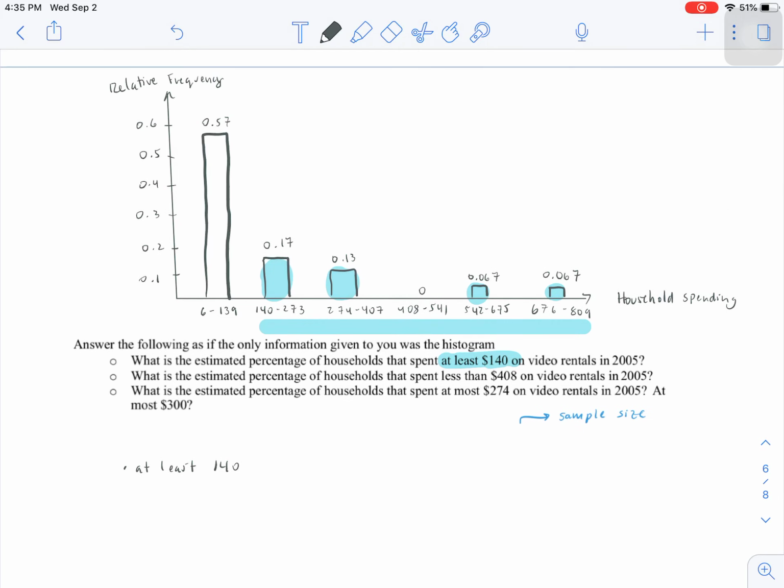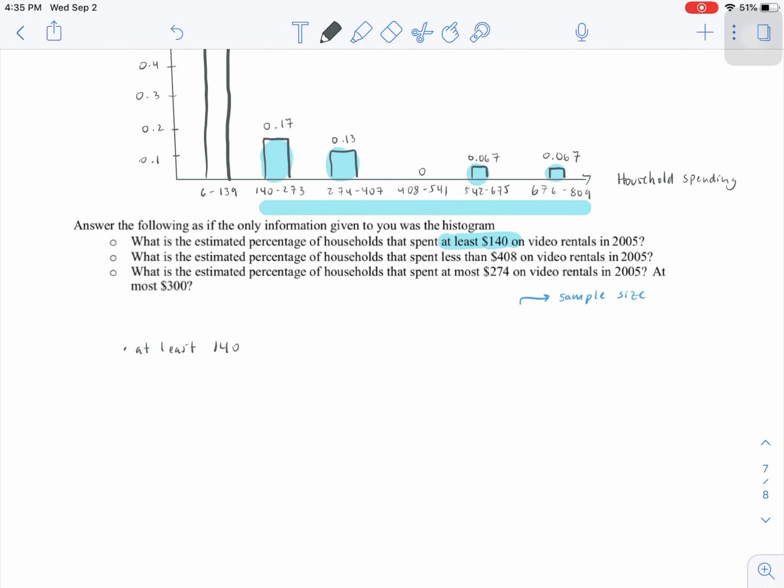So since I have the relative frequencies, I can just add up these percentages. So this is 17% plus 13% plus 0.067. Oops.